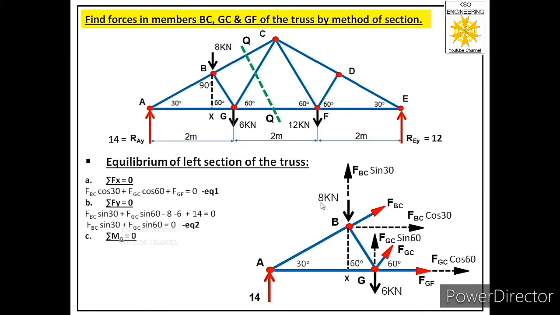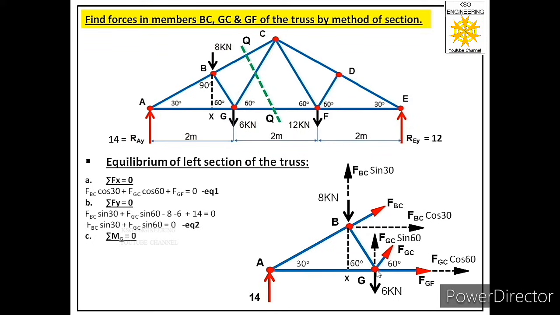So its magnitude will be positive 8 into xg, that is 0.5. Now let us observe moment because of FBC sine 30 about joint G. It will generate a clockwise moment, so it will be negative moment and its magnitude will be minus FBC sine 30 into xg, that is 0.5.